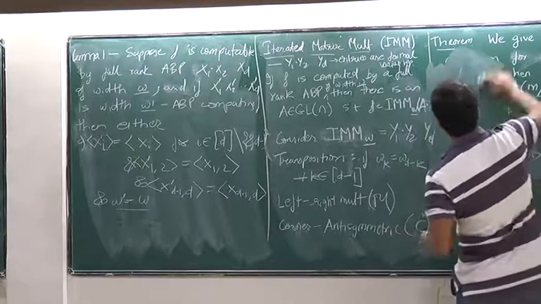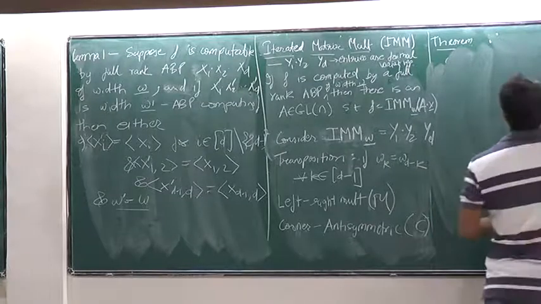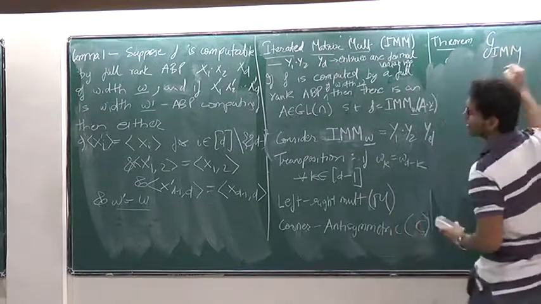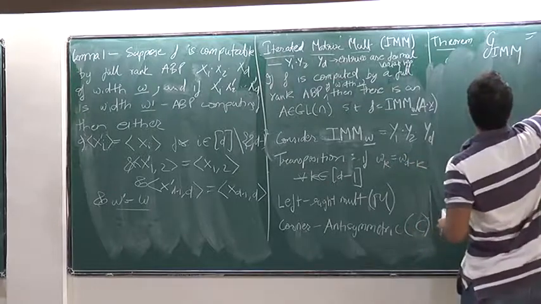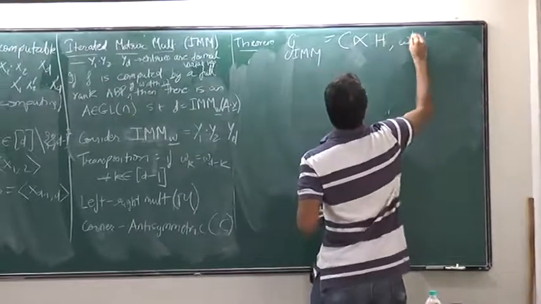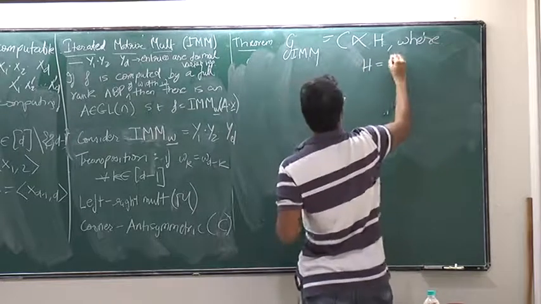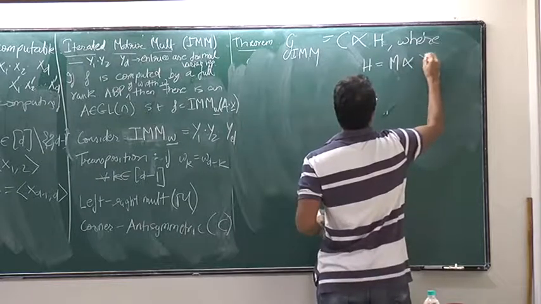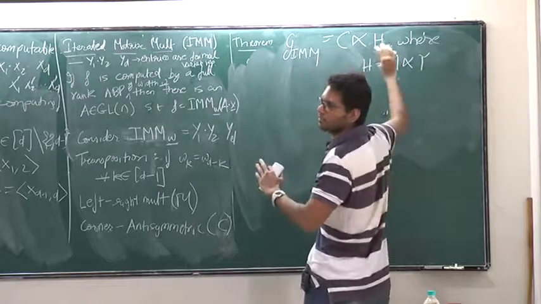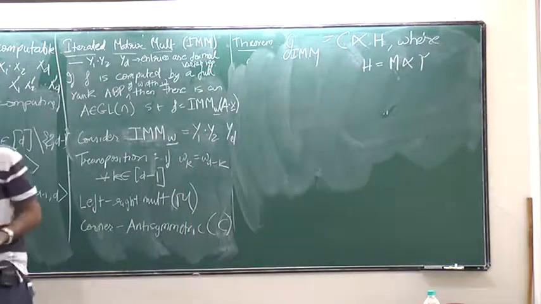What it says is that your G_{IMM_w} is the semi-direct product. This denotes the group of symmetries of this polynomial IMM_w. This is equal to C semi-direct product H, where your H is also equal to a semi-direct product. The crucial part is that it's generated by these three transformations, and that's essentially pinning down the full rank ABPs. That's the crux of the argument.